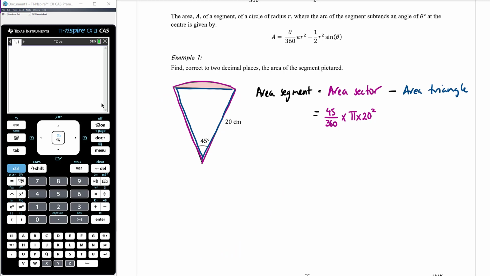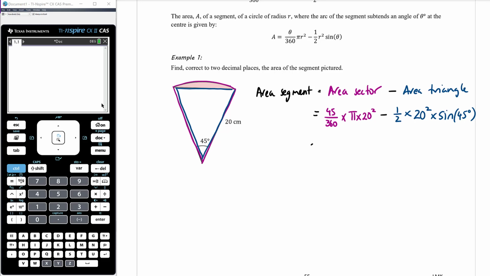And then it is going to be minus the area of the triangle, and the area of the triangle is going to be half times radius times radius, so that's 20 times 20, which is 20 squared, times sine of that angle.